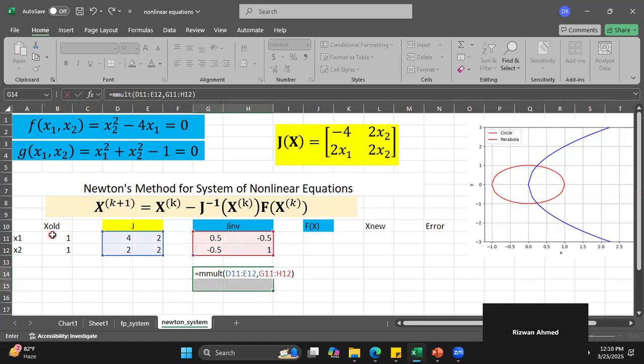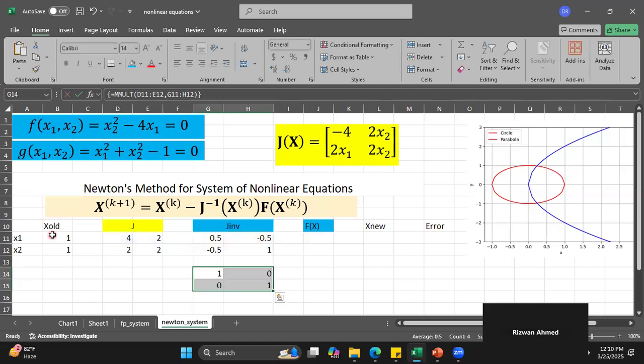Hopefully, if it is correct, it should return an identity matrix. So very much correct. Whenever you find an inverse in some algorithm, be careful that it is going to crash if the matrix is singular.